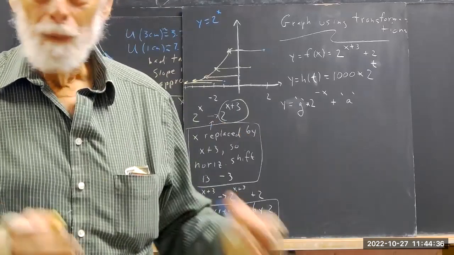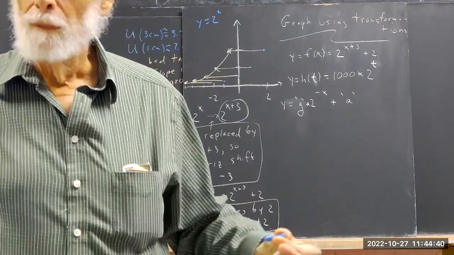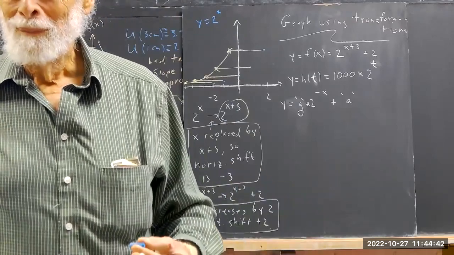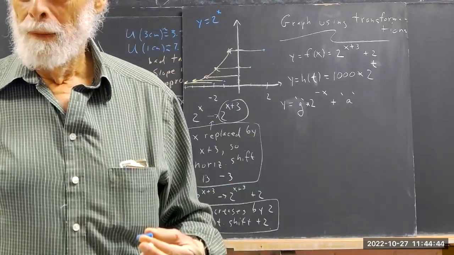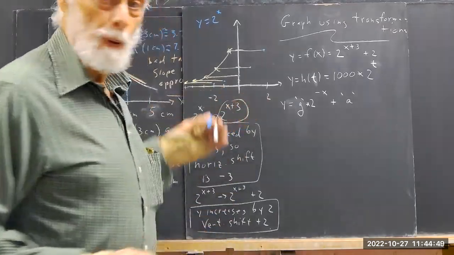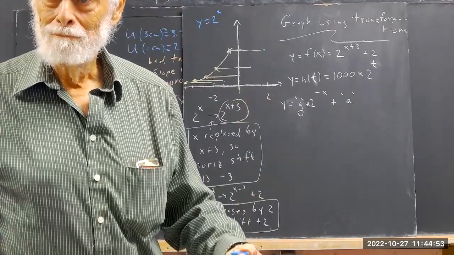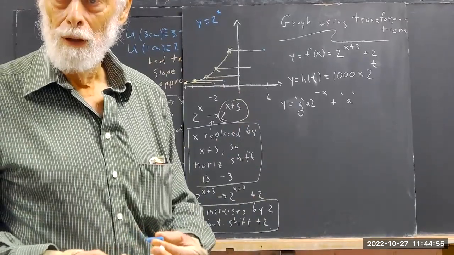People understood very well, except getting the horizontal shift backwards in a majority of cases. People did very well with transforming points. So all we have to do is apply that skill to the exponential function, and we're going to be in pretty good shape here.